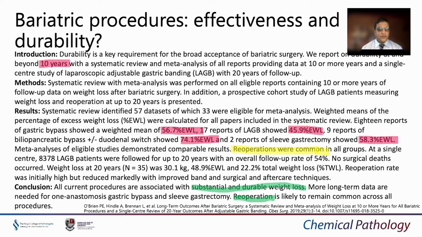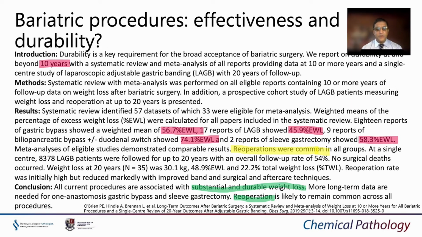This systematic review identified that the weight loss was certainly durable and effective by various bariatric procedures. The pink highlights indicate the various mean weight loss amongst the different procedures.